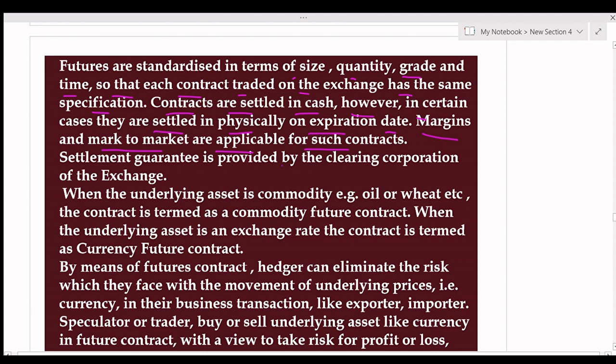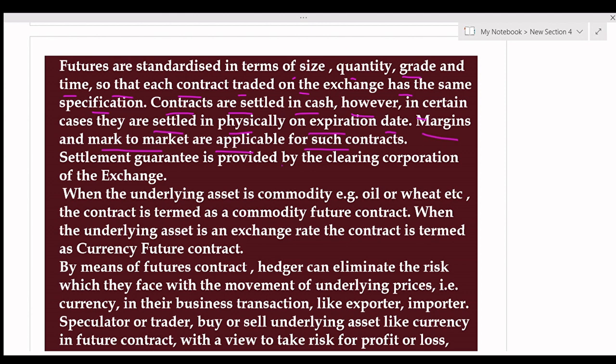Initial margin is to be paid by both buyer and seller before entering into future contracts. It is mandatory. Mark to market is the gain or loss of the buyer or seller on a daily basis, depending upon the fluctuation of currency rate or underlying prices.